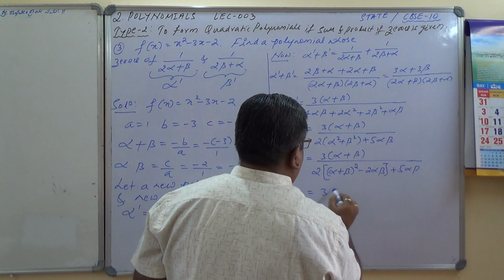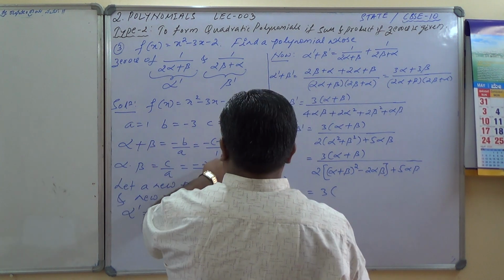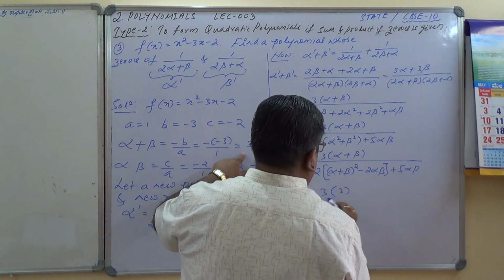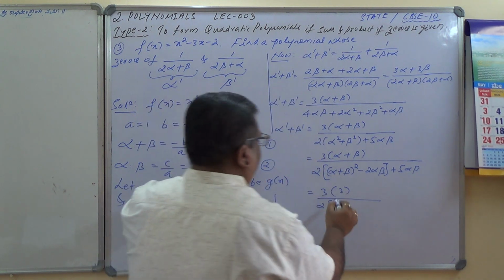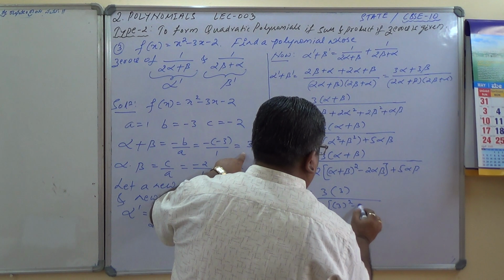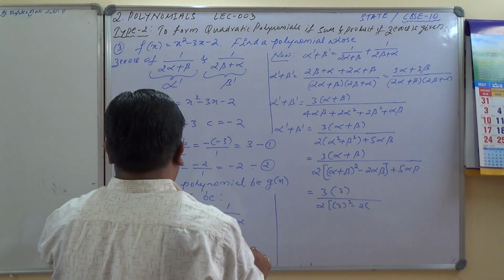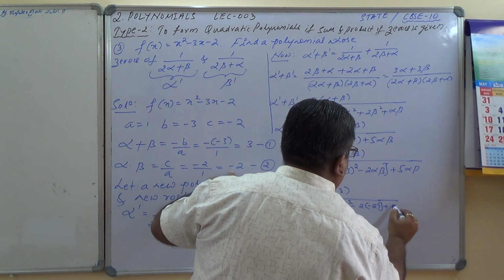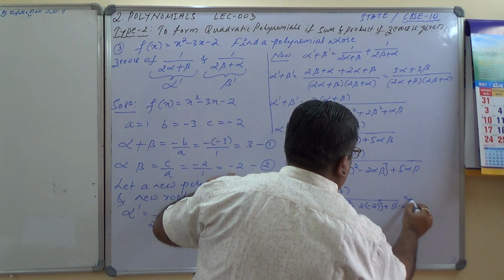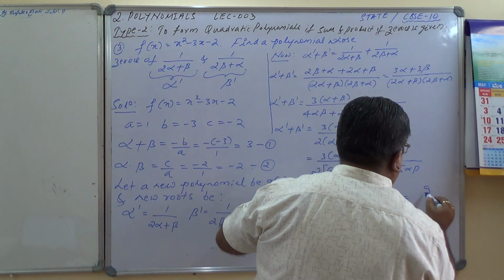Now 3 times (alpha plus beta) is 3, the whole divided by 2 times (alpha plus beta) the whole square, that is 3 the whole square, minus 2 times alpha into beta, which is minus 2, and plus 5 times minus 2, which equals 3 3s are 9 here.